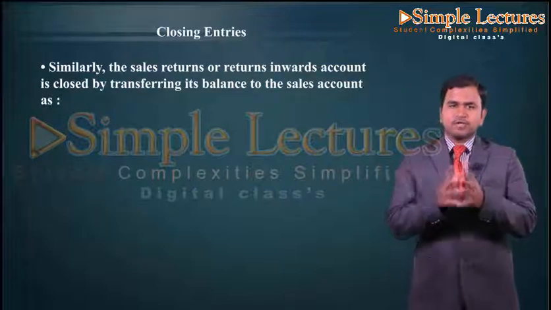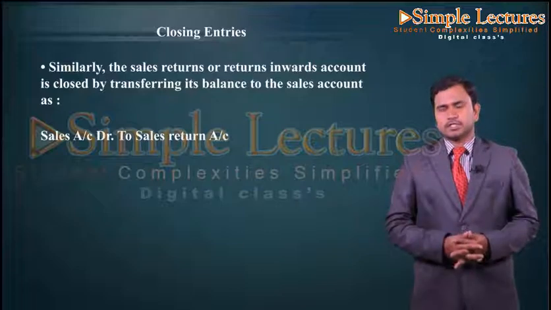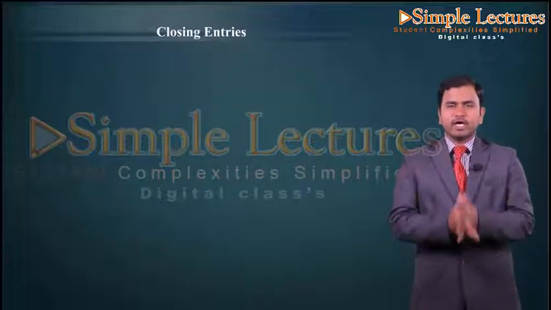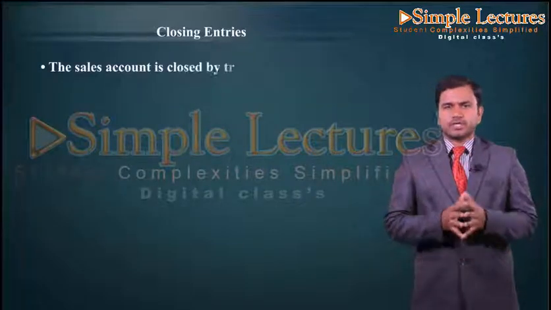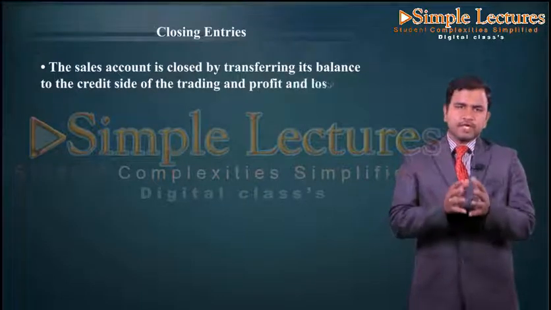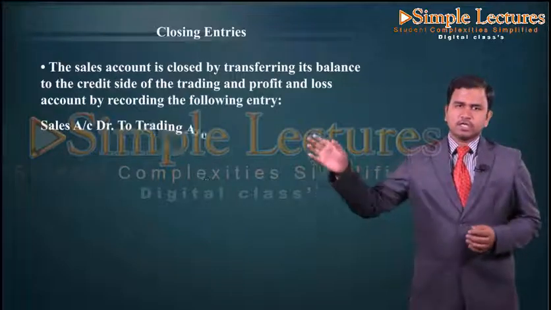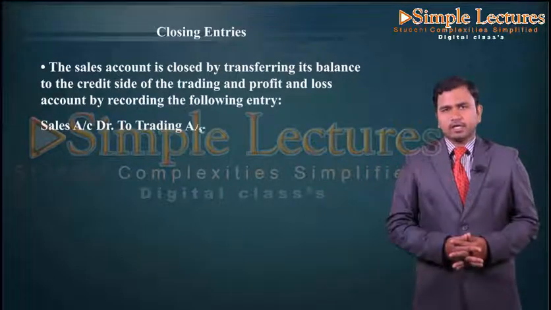The entry is: Sales account debit to sales returns account. Then the sales account is closed by transferring its balance to the credit side of the trading account by recording the entry: Sales account debit to trading account.